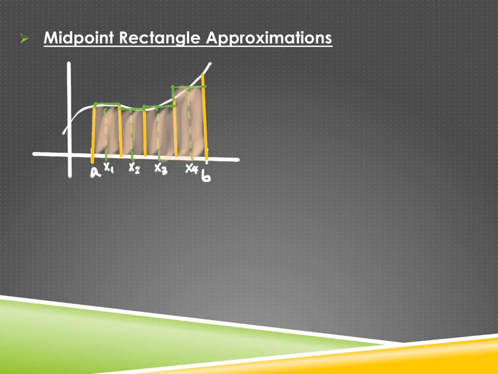Notice the same widths occur, right? It's still delta x for the base. So the way that we calculate the area is still delta x times 4 quantities, 4 heights, and I've labeled them f of x1 to f of x4.